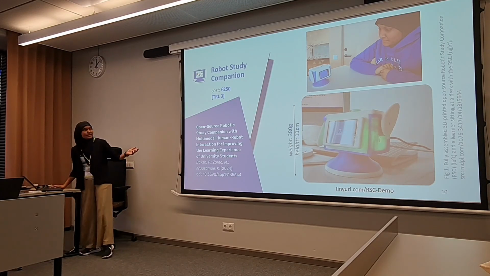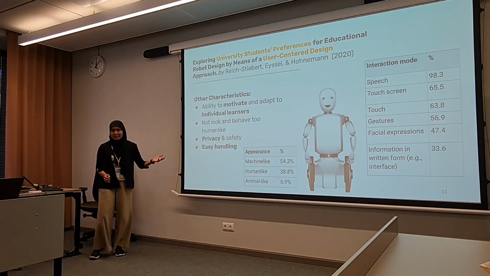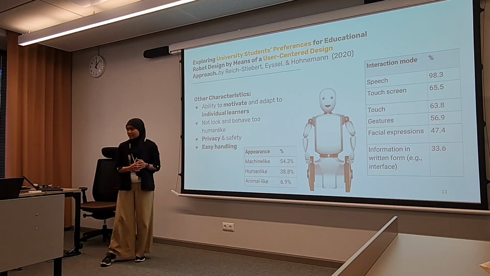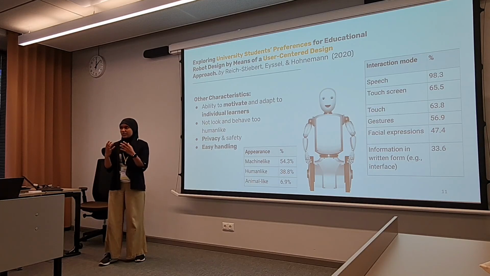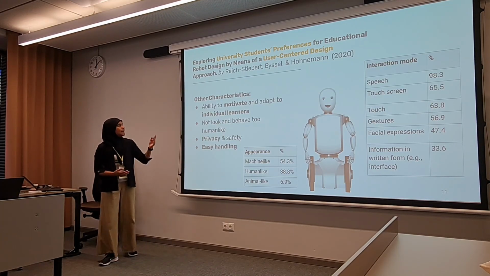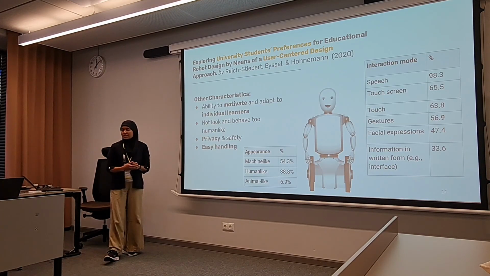And well, when I was doing my master thesis, I did a lot of literature review. I studied teacher and student perspectives. What do university students and teachers want for a social educational desktop robot? And there's a paper like this. This is a German study in 2020 where they interviewed over 116 university undergrad students.